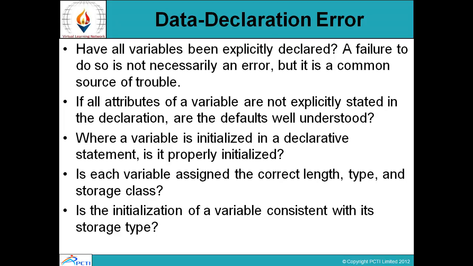These are the attributes of the variables that we use in the coding, so they are to be clearly defined, either explicitly or implicitly. Where a variable is to be initialized in a declarative statement, is it properly initialized? Is each variable assigned the correct length, type and storage class? We need to check that here. And is the initialization of the variable consistent with the storage type or not? These are the points to be checked in declaration errors.